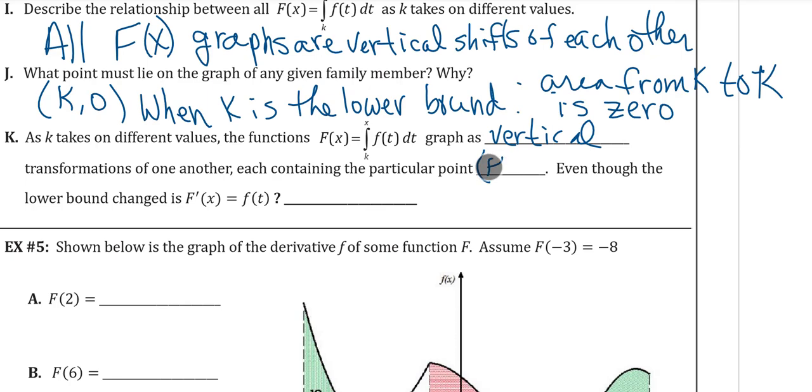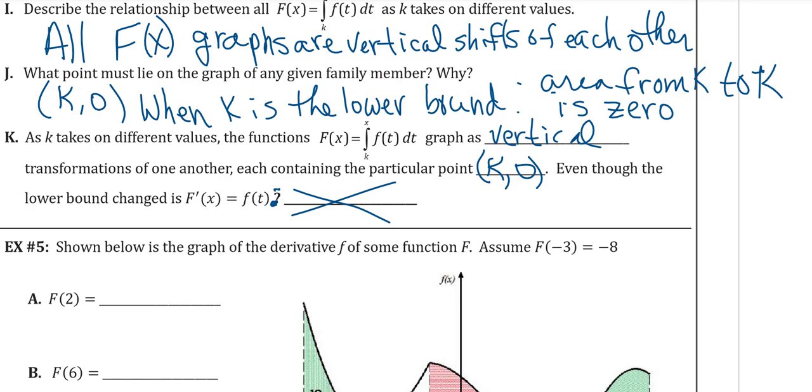And of course, that point is just what we were talking about, which is k comma 0, even though the lower bound has changed. That's a really bad question, so I don't think we really need to answer it. So that's true no matter what. Even though we've changed the lower bound, that point is going to be like our initial value, there is going to be no area under that curve.